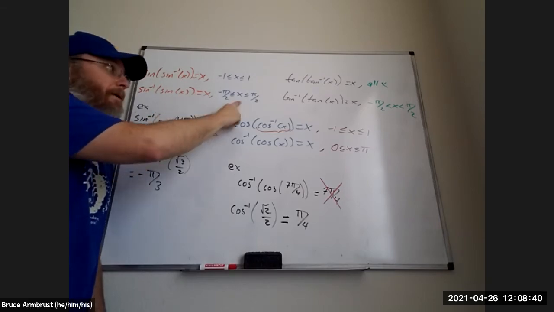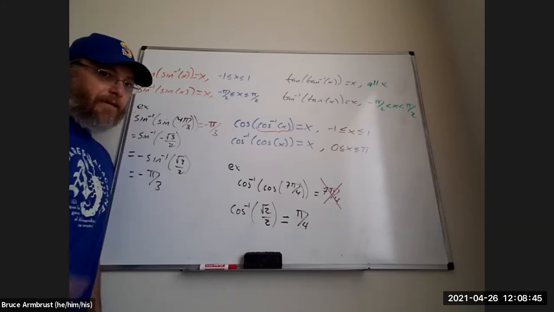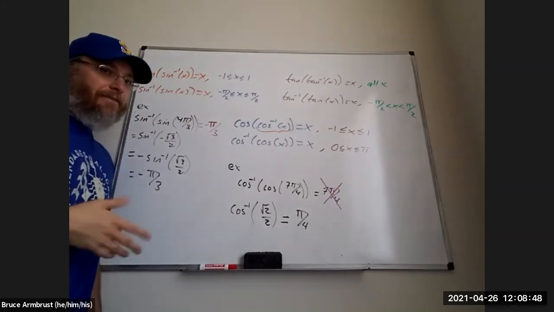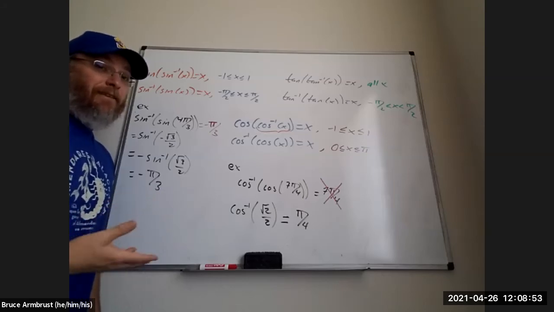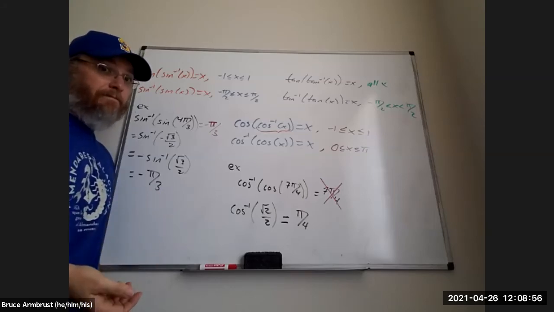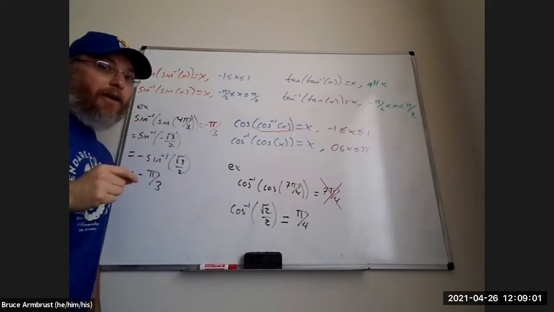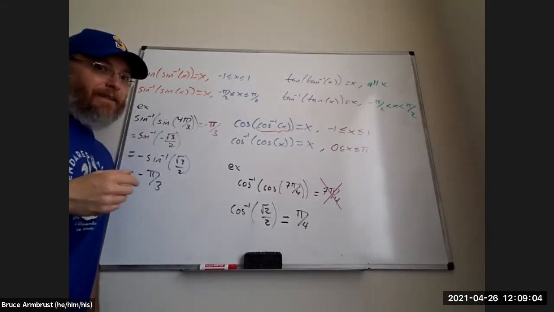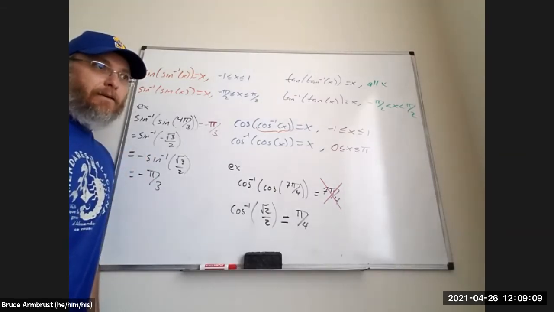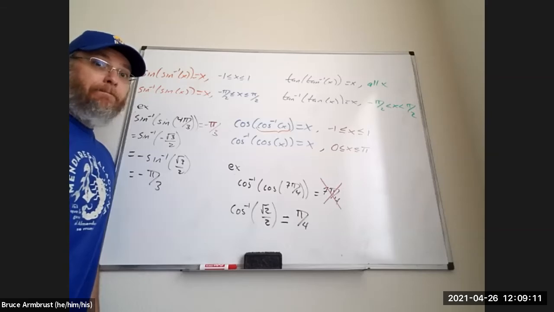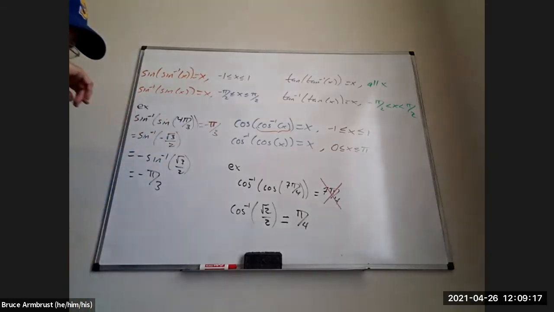But we're going to have to remember that that restriction was going on, and take it into account to find the other solutions, because we may not even be getting the value we're specifically looking for because of that restriction. So this is something you need to file away. We're going to need this. In not too long, we're going to hit solving equations with trig functions, for sure sometime in May, and we're definitely going to need to make use of it.